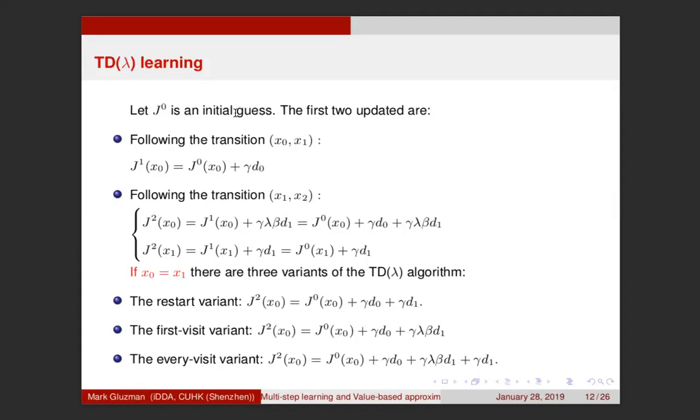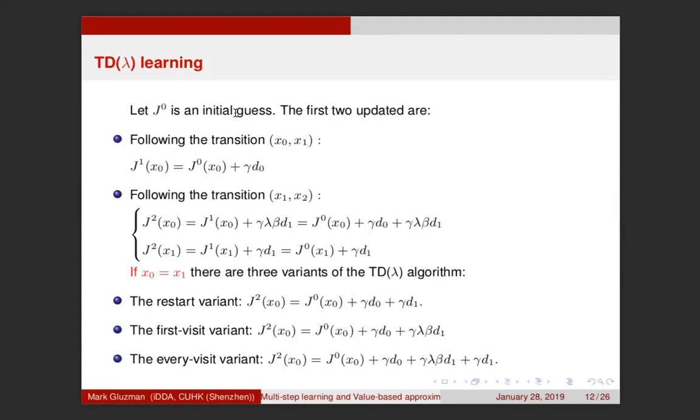Another variant is the first visit variant. In the first visit variant, we ignore that our state has been revisited, and we ignore the second equation, and our update follows the first one. And another variant is the every visit variant.